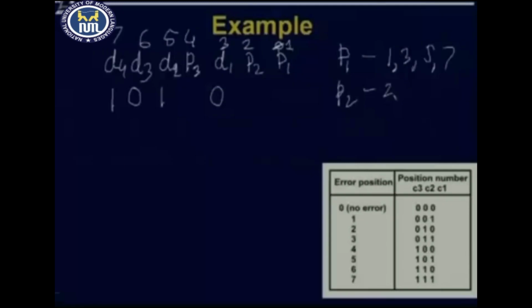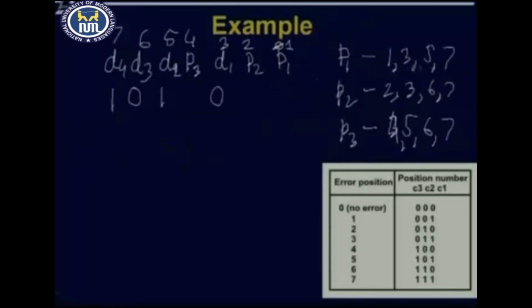P2 is calculated from 2, 3, then we leave 4, 5, and take 6, 7. P4 is calculated starting from 4, 5, 6, 7.